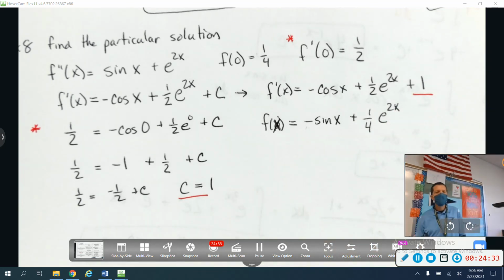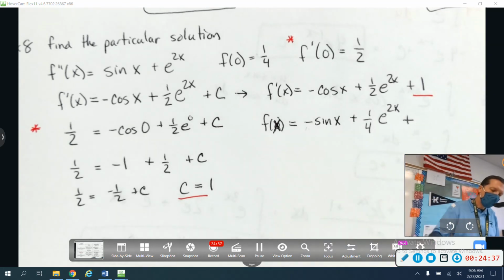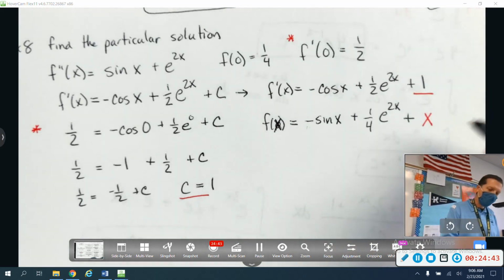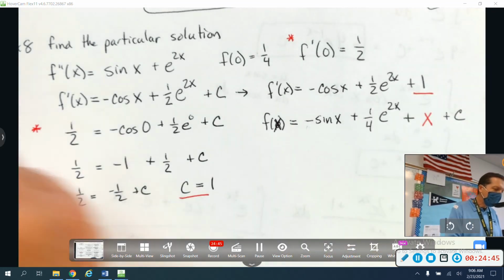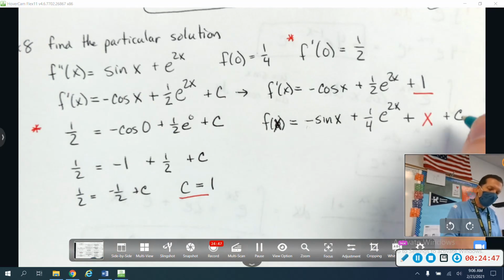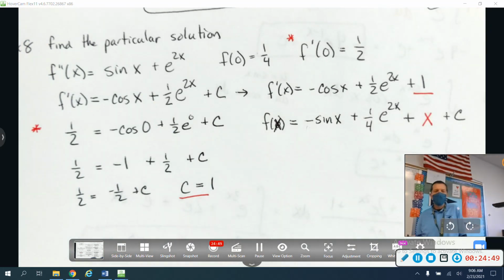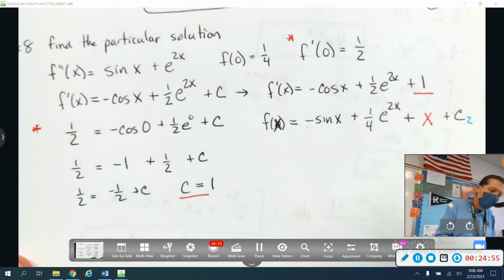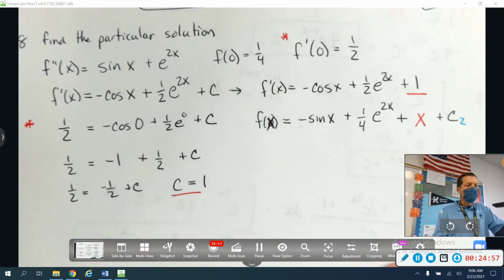Divide by 2 again. Plus x, so that's where if you left off the 1, you would leave off the x somewhere. And then plus c, although this is a different c, so you can still say plus c because you've already substituted in a separate part of the problem. If you want to say c2, because that helps you distinguish between the two, that's okay as well.